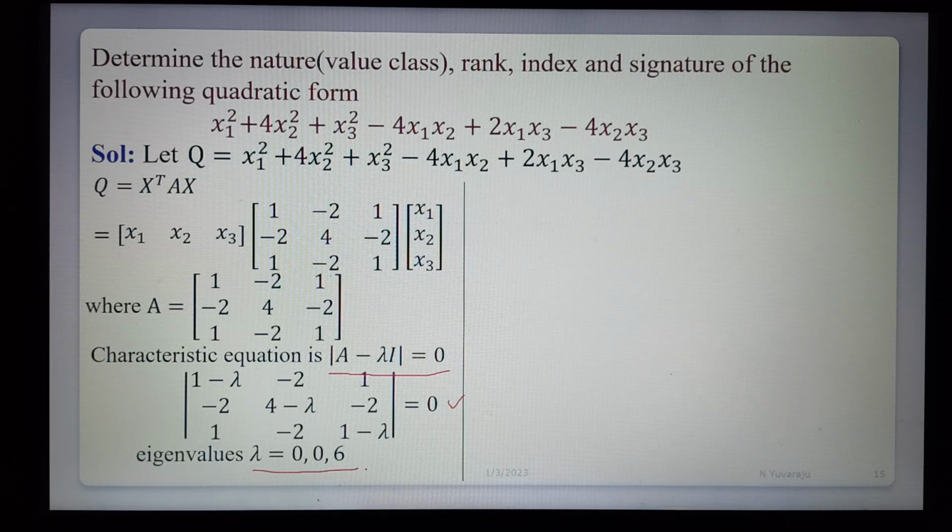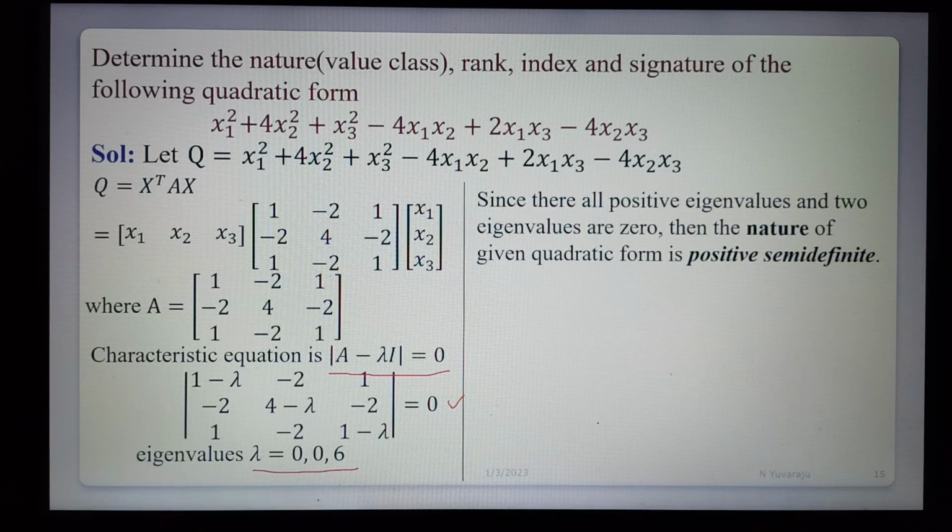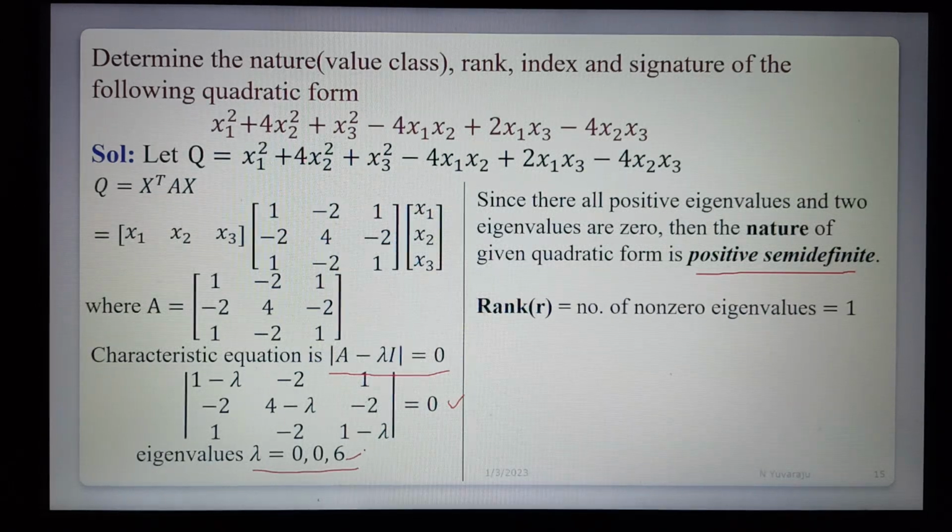Okay, so the nature: eigenvalues are positive and 0, positive exist and 0 exist. So the nature is positive semi definite, since 0 exists it is semi definite, that is positive semi definite. Okay? So next, rank. Rank is the number of non-zero eigenvalues. The non-zero eigenvalue is only 1, 6 is only 1, so rank is 1.